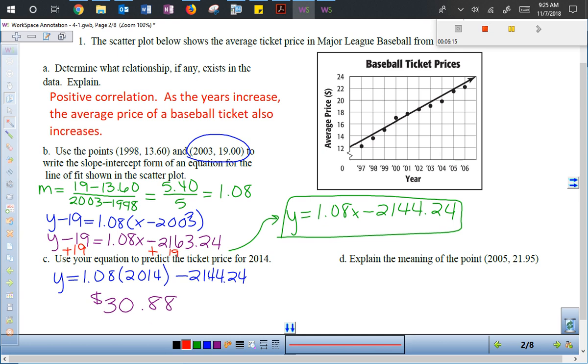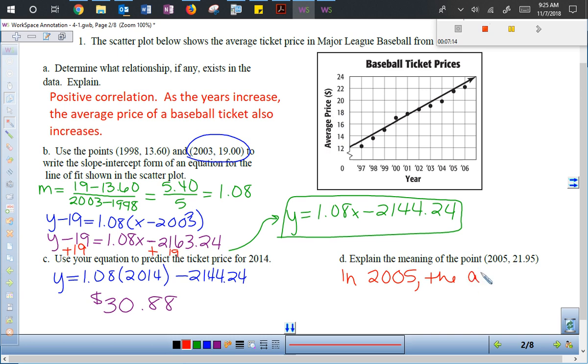It is not exact. Now in part D it says explain the meaning of the point 2005, 21.95. So we just need to explain what this point means. Now 2005 is pretty self-explanatory. That's the year. So I would say in 2005, then the y value, the 21.95, was the y value over here, and that was the average price.